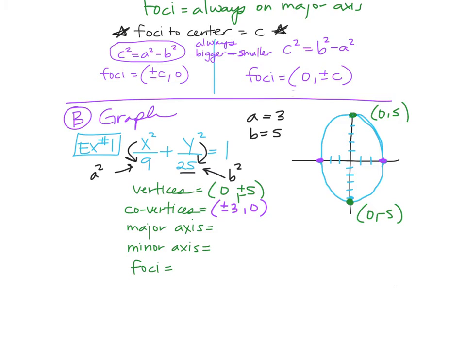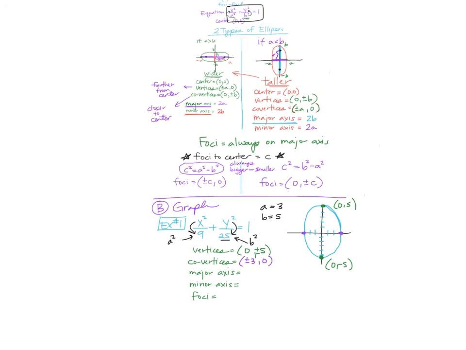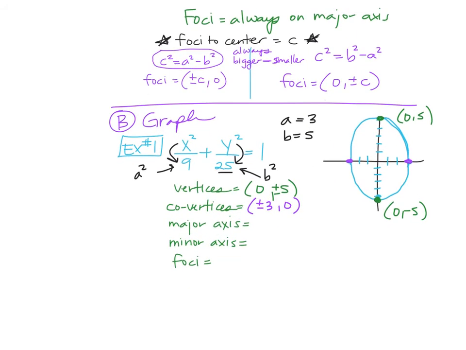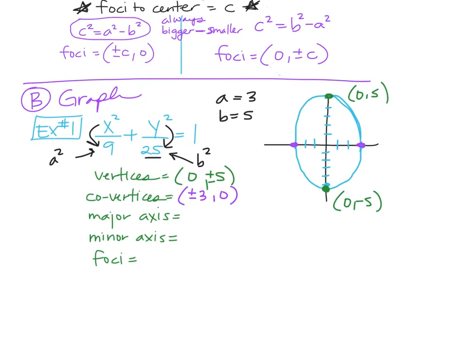Okay. Then we need to know our major axis. And our major axis, I said before, again, if you look here, we're dealing with this one, right? Your major axis is a length of 2b. But now here's what you can really do with that. You don't have to remember that formula. Basically what we're saying is how long is the major axis? Well, the major axis is the longer one. So we're saying how long is this?